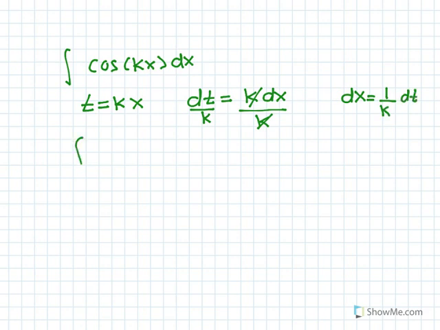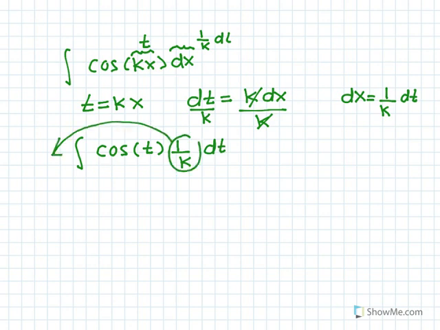Let's transform the integral. We have the integral of cosine of t, because this part is our substitution t, and dx is 1 over k dt. 1 over k is a constant, so it passes through the integral. So we get 1 over k times the integral of cosine t dt. What is the antiderivative of cosine t?